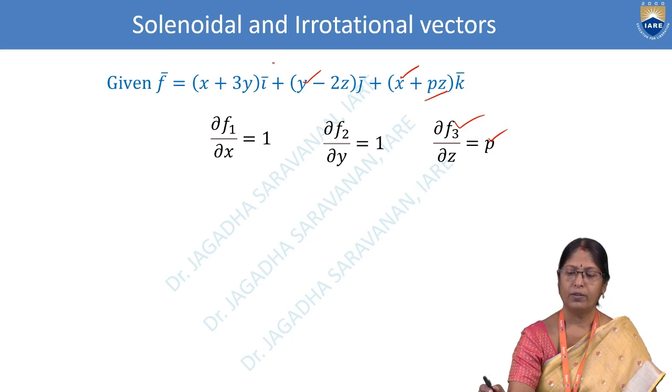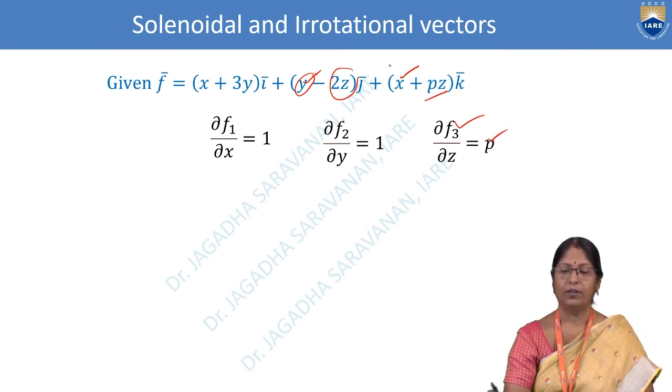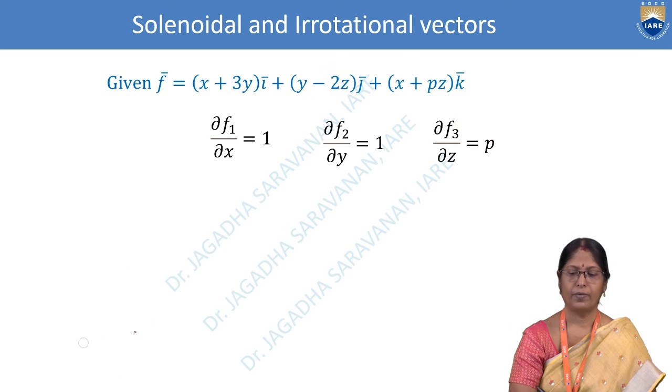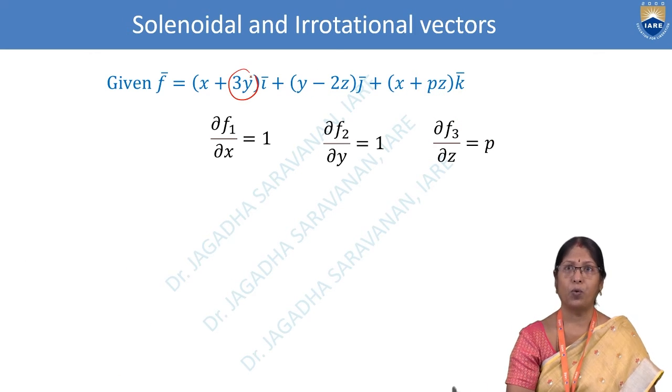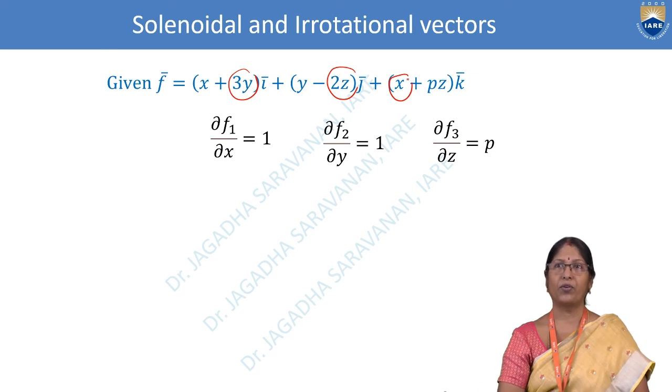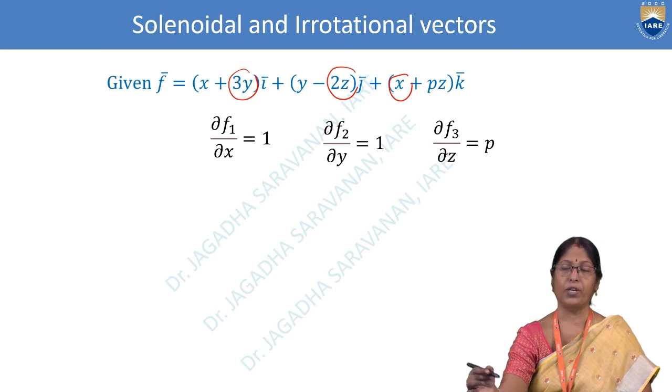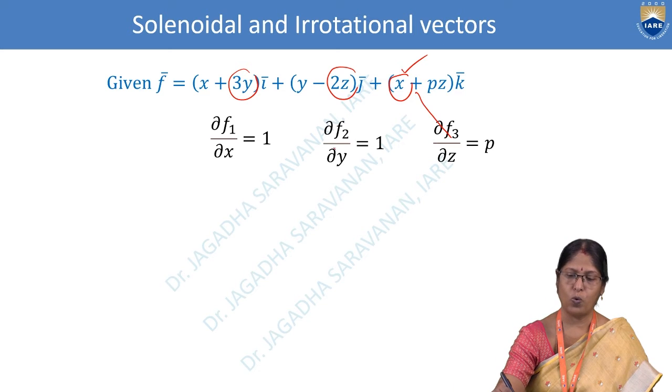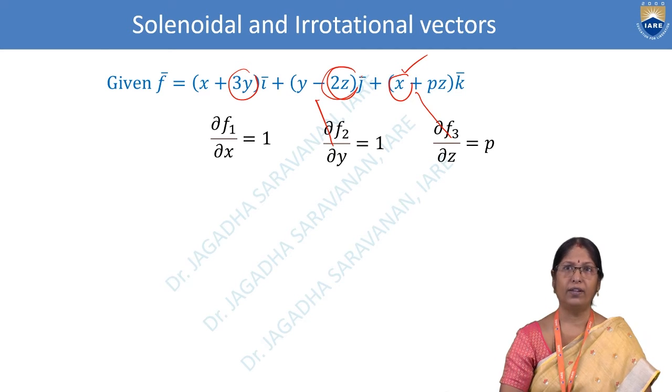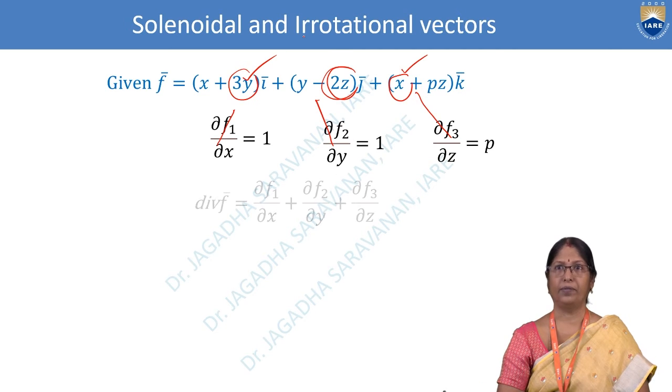Other variables are treated as constants according to the partial differentiation we are taking. Here z is neglected, here y is neglected, and here x is treated partially, with 3y neglected.